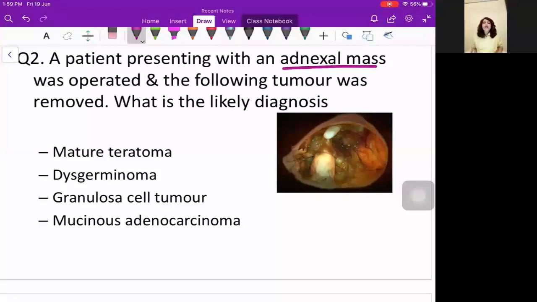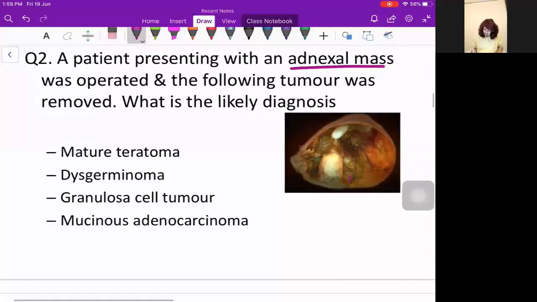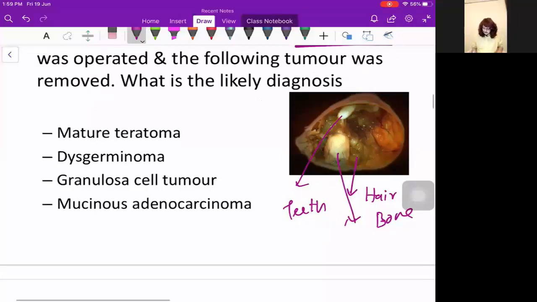This is again a question from AIIMS PG. And always there is a hint in the question. If you see the image, you can see there are hair, teeth, bone, sebaceous material, etc. So this goes in favor of a dermoid cyst.